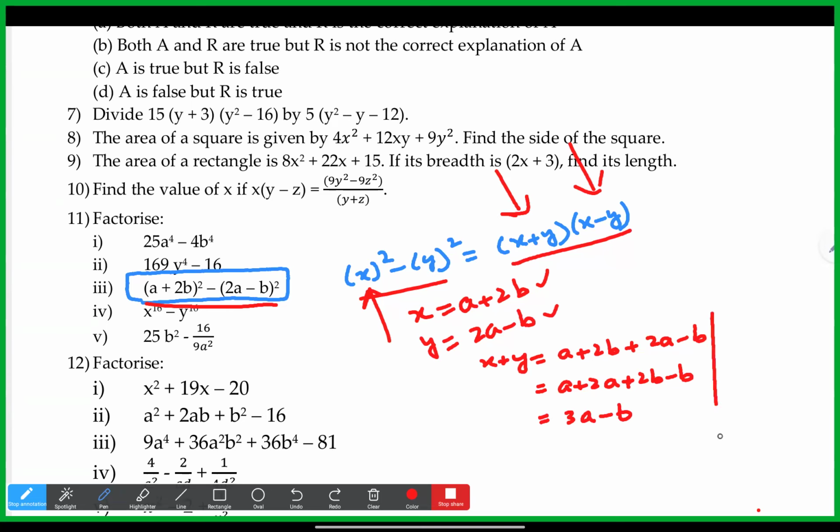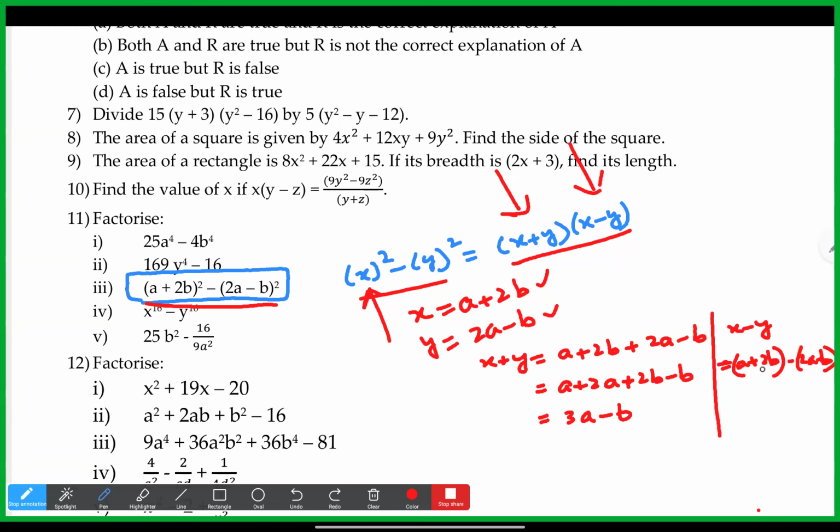Now x minus y similarly. I'll find out x minus y. X is a plus 2b. From that, whenever minus is there, you have to open the brackets because minus is applicable for every term. In addition I didn't do any brackets, but in subtraction brackets are a must, because the signs of the one you're subtracting will change.